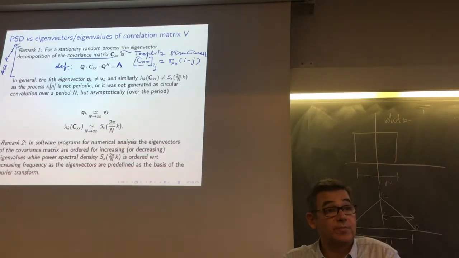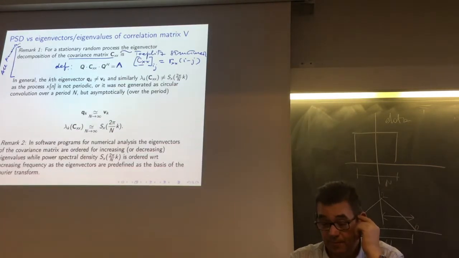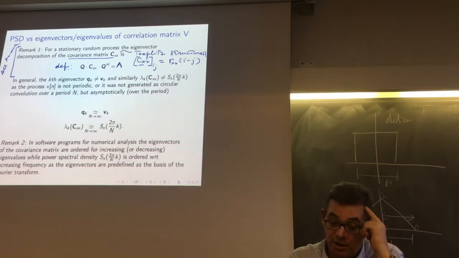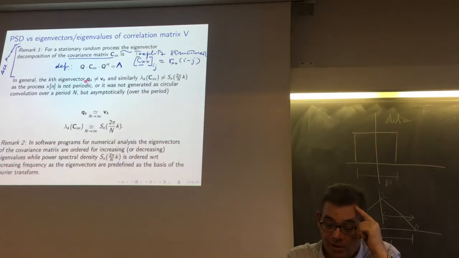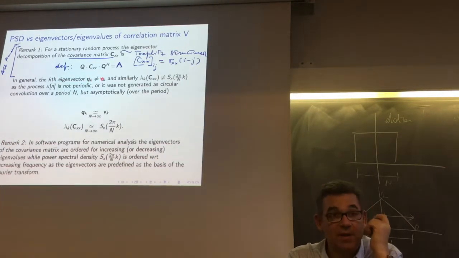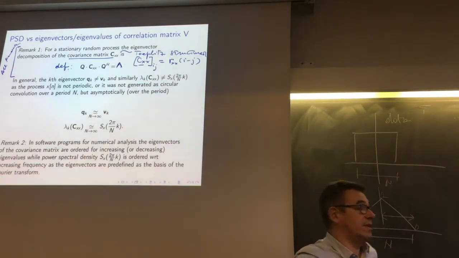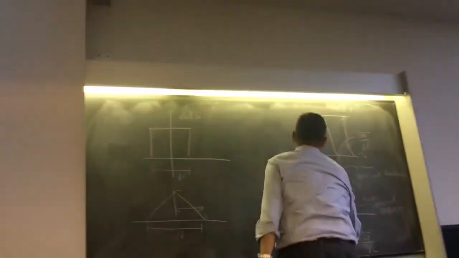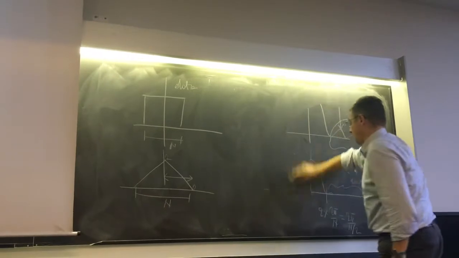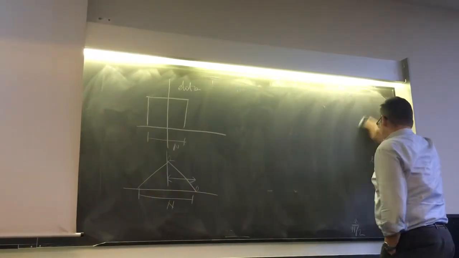Now, what is new? Let me say that, in general, there is no relationship between the eigenvector and vk. What is vk? vk is the basis of the sinusoid in the DFT. We write it here.